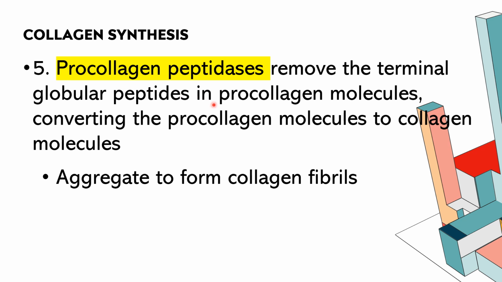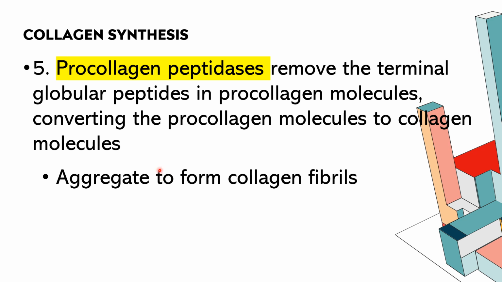Again, your procollagen peptidases will remove the terminal globular peptides in procollagen molecules, converting your procollagen molecules to a mature collagen molecule. With this, collagen molecules will aggregate to form collagen fibrils.